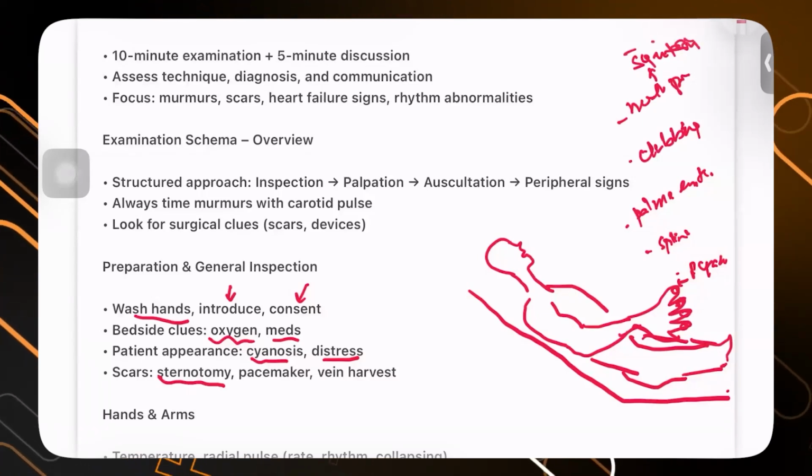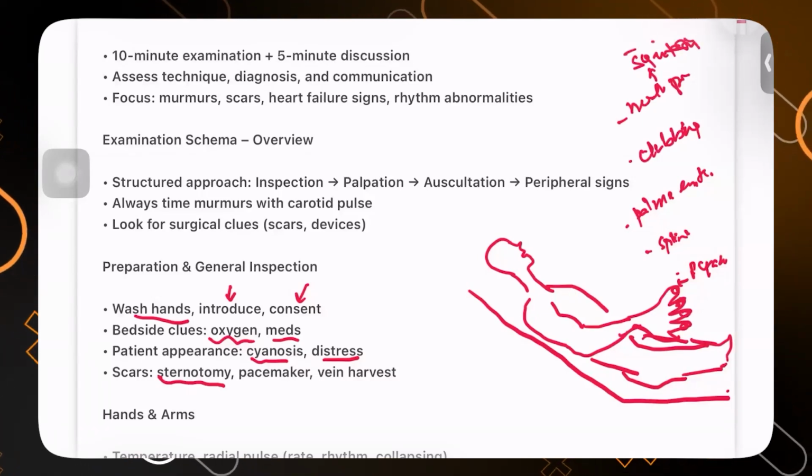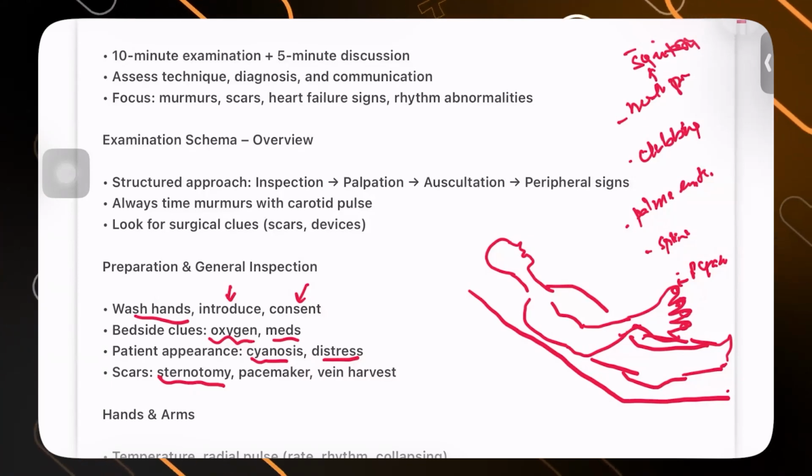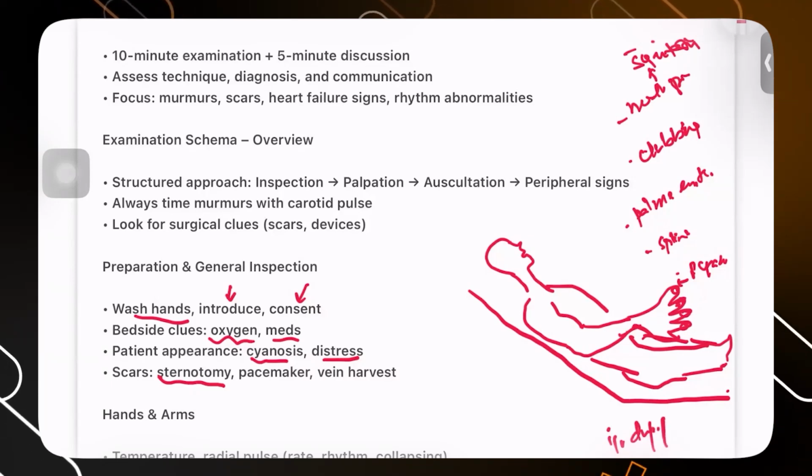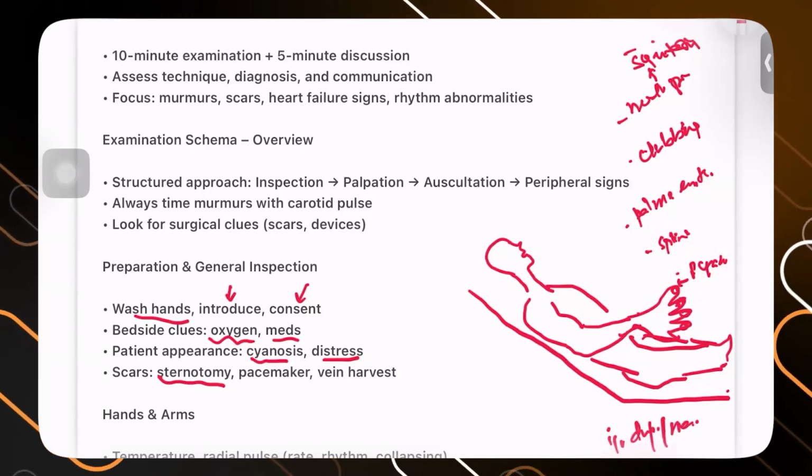You look at them, then you turn the patient's hand to the dorsal side and see for any IV drip marks there. And then you go to the wrist.